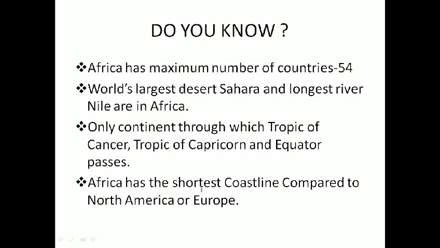Africa has the shortest coastline compared to continents smaller than it, for example North America and Europe. The reason is its coastline is less indented, meaning the number of bays and gulfs is very small in Africa compared to Europe or North America.